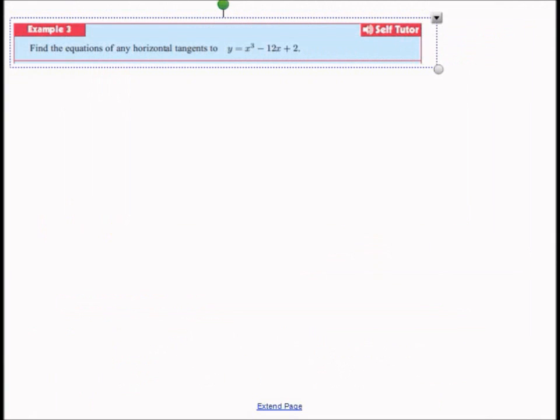And example 3, find the equations of any horizontal tangents to y equals x cubed, subtract 12x plus 2. Again, pause the video, try to work this out yourself, see if you can do it. So here we have a cubic function, and we want to find horizontal tangents. If we think about what a cubic function looks like, it's going to curve twice like this.